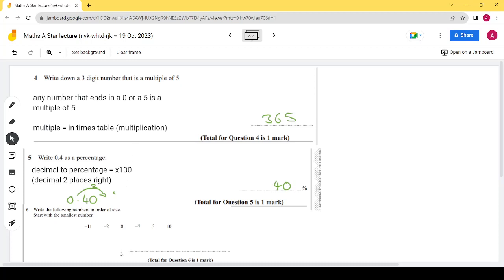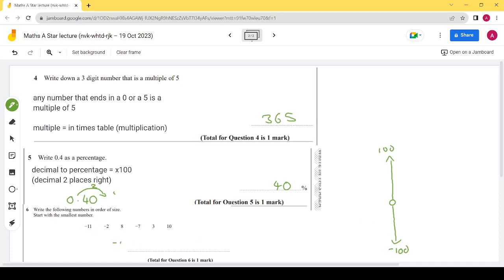Right, here again, a question which could very easily be non-calc. So we've got the question: write the following numbers in order of size, start with the smallest number. Well, remember, if you had a number line, you'd have a 0 in the middle. The smaller it would get, you get down to minus 100. Well, obviously, it would go beyond minus 100, but it would go in that direction, with the up going up to 100 and beyond, which means the smaller numbers are going to be the negatives with higher digits.